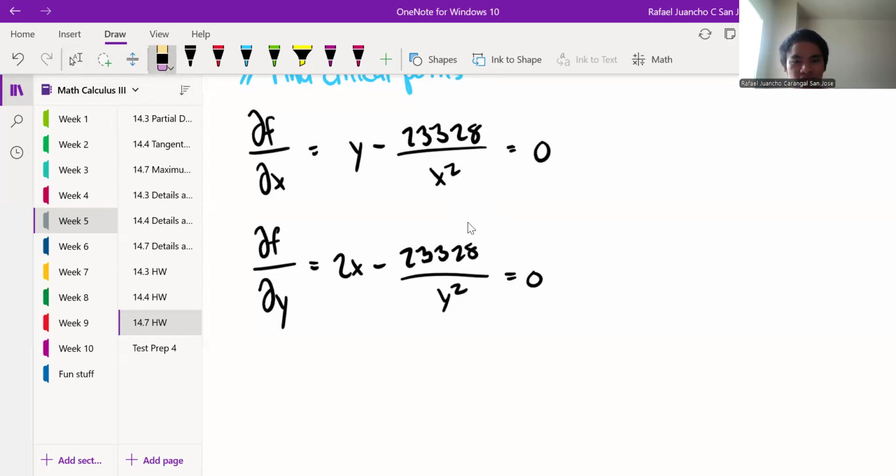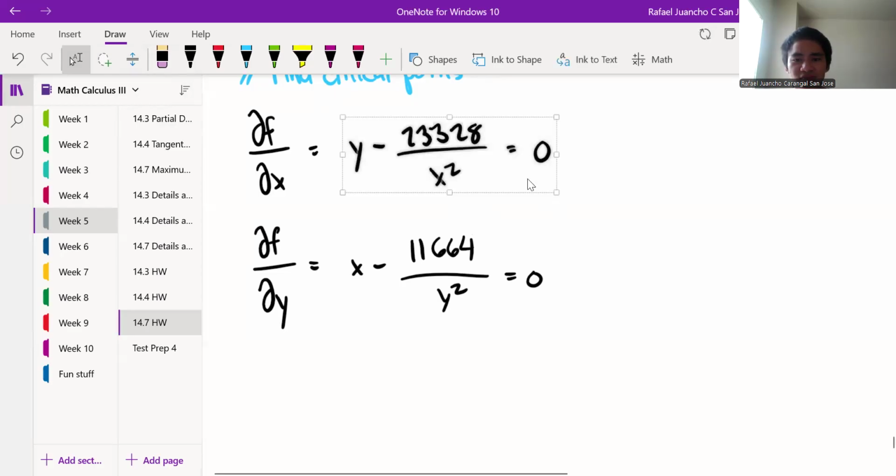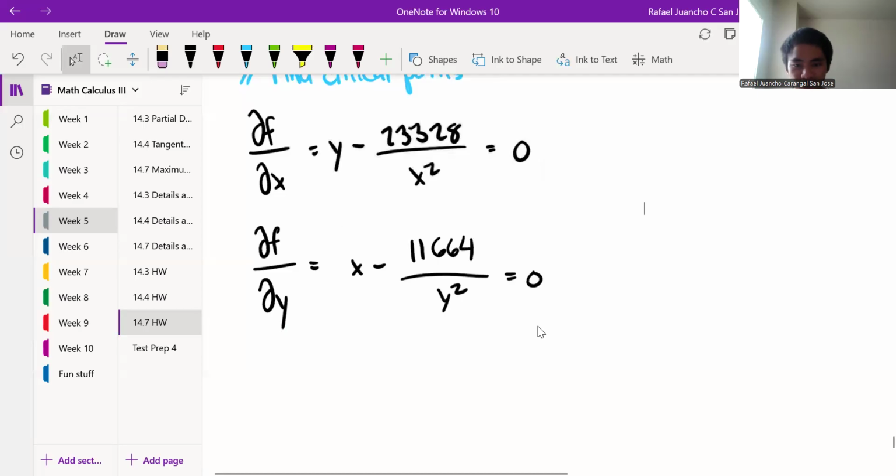And then here I could take out my x: 23328 divided by 2, I get 11664. So here I'm just simplifying everything, right? Okay, let me adjust a bit.